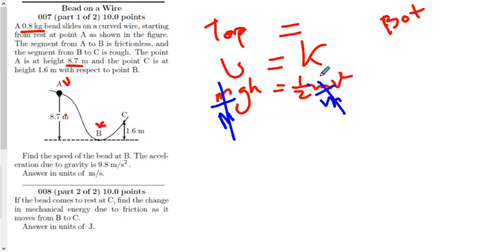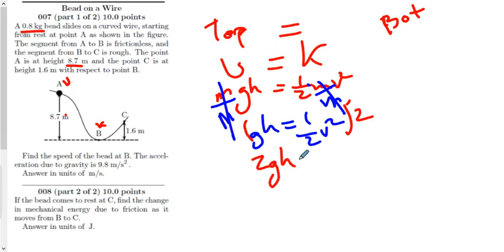So all I really have to work with is gh is equal to 1/2 v squared. Multiply both sides by 2, so I have 2gh is equal to v squared. Now I square root both sides to get V by itself. So V is equal to the square root of 2gh.